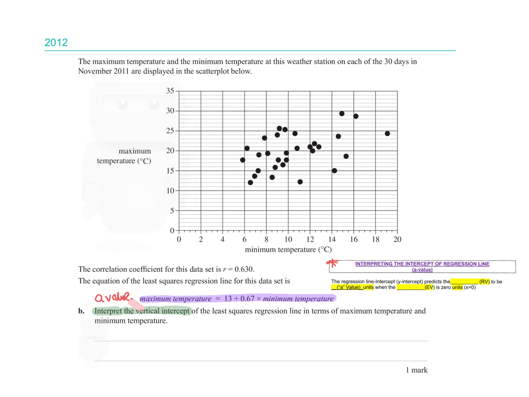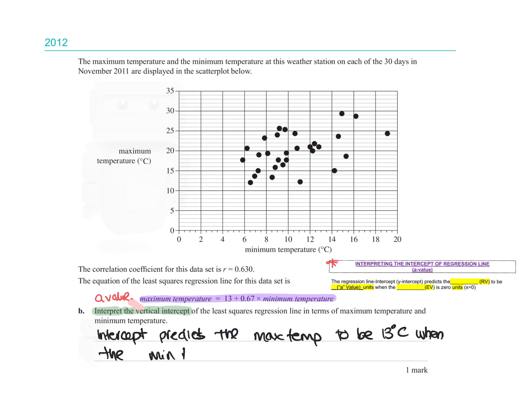So we're going to just write that statement out, and we'd say the intercept predicts the maximum temperature to be 13 degrees Celsius when the minimum temperature is 0 degrees Celsius.